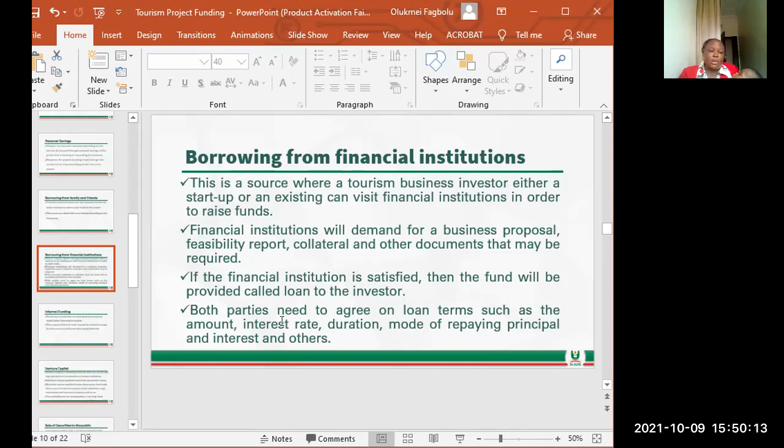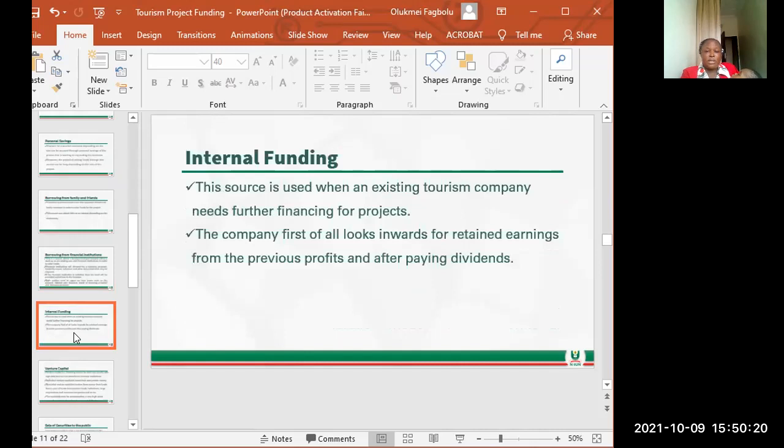and other ones. And apart from borrowing from financial institutions, there is internal funding, that is, if you have an existing business, you might be sourcing for a tourism project that you want to establish or want to expand using internal funds. And this is looking at your retained earnings.